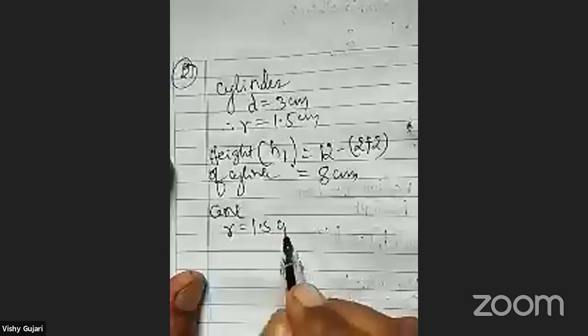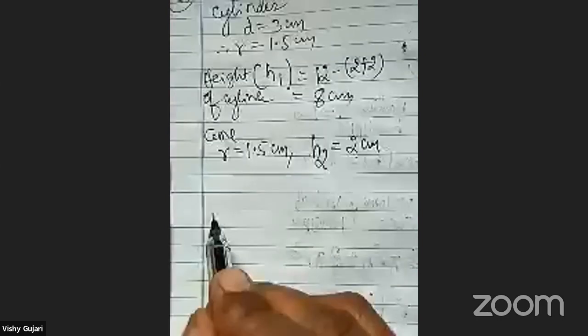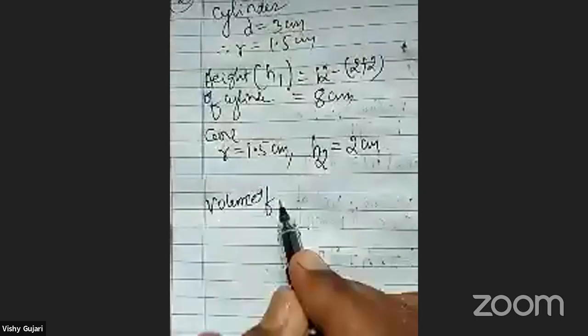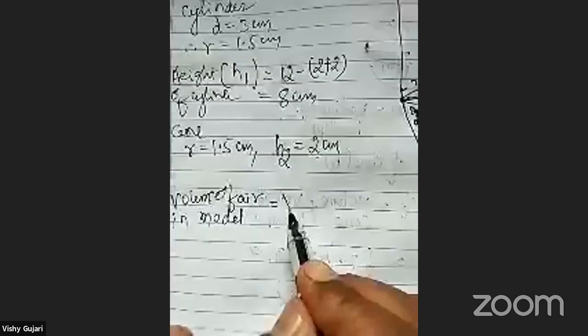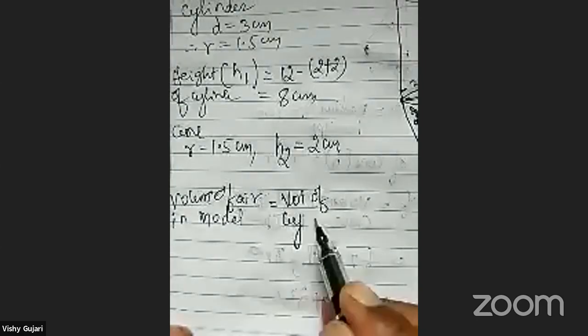Height I am writing H2 is equal to 2 centimeter. Now, volume of air in the model is equal to volume of cylinder plus 2 into volume of cone, because 2 cones are there, on each end.